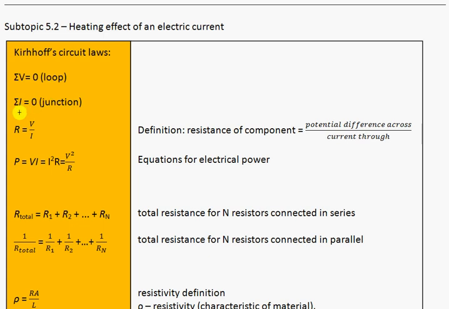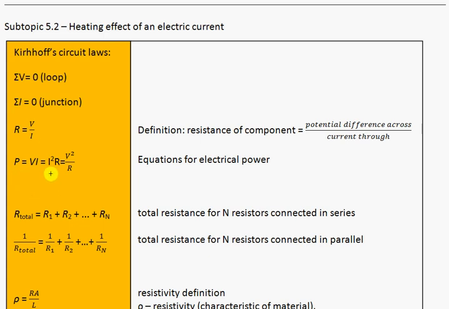For any junction, sum of currents entering and leaving the junction equals, so how much current enters the junction, so much current leaves the junction. Next is definition of resistance. Resistance of component is voltage across component divided by current through this component.